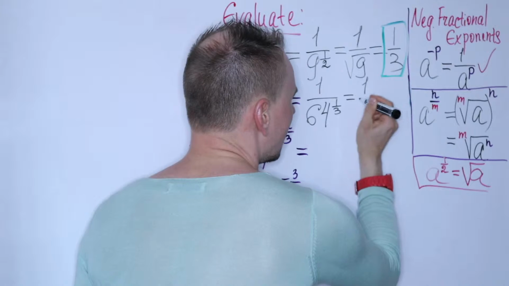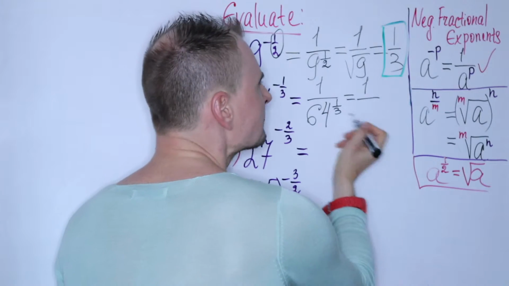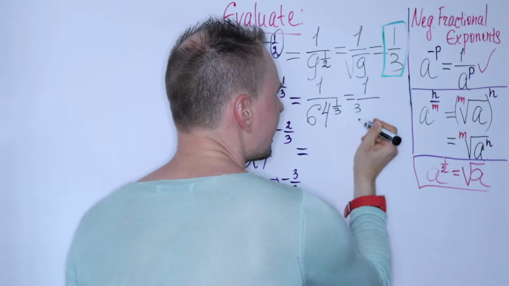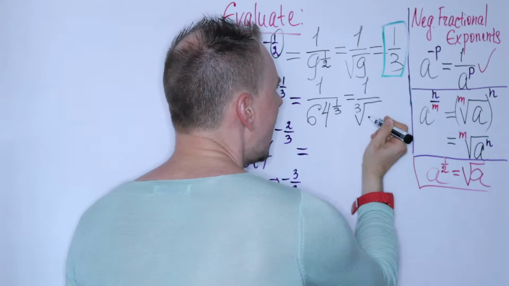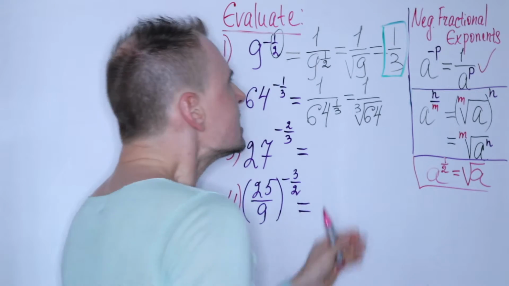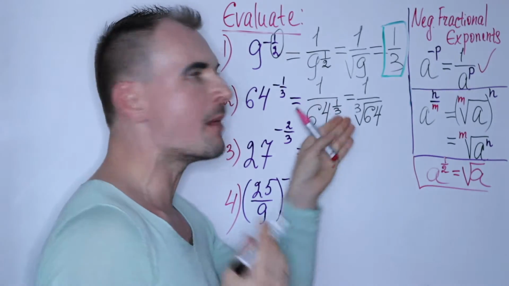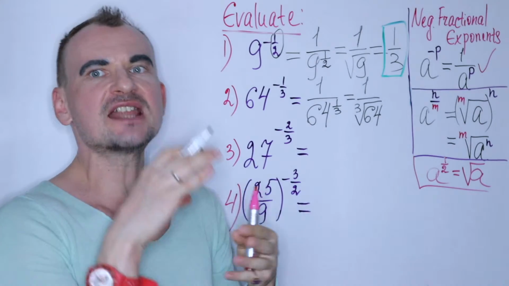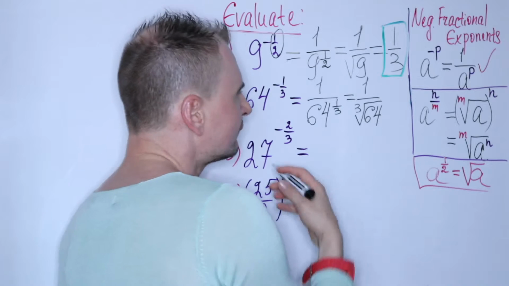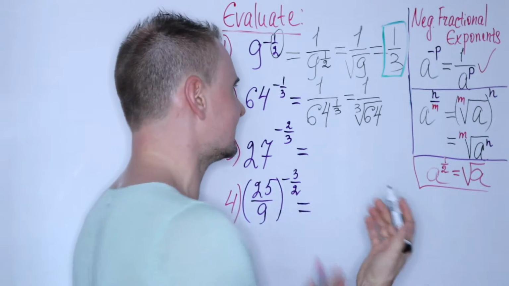So it becomes 1 over, your bottom number m is just 3, so it's going to be the third root of 64 underneath your root symbol. And since your top number is 1, any number raised to the first power is just the same number, so it remains the same. We could simply ignore it at this point.